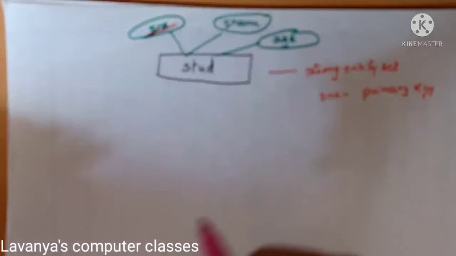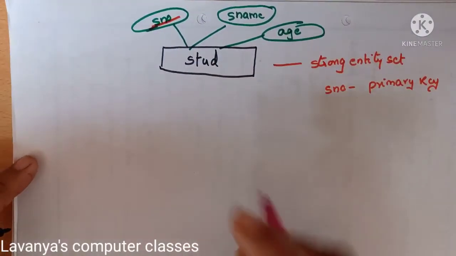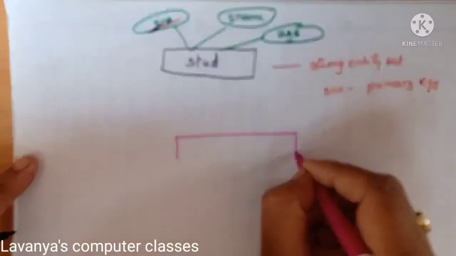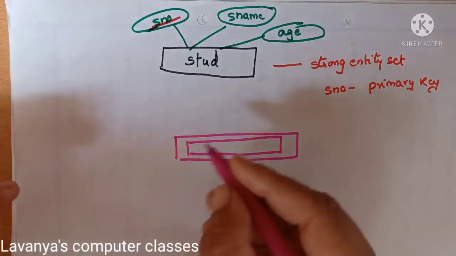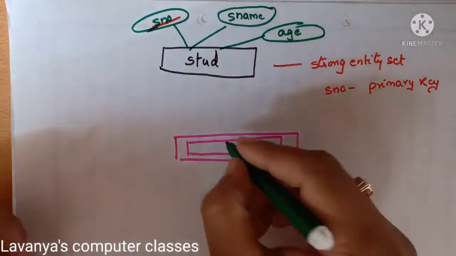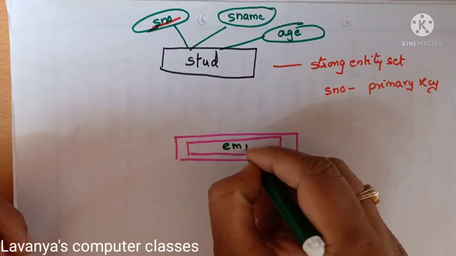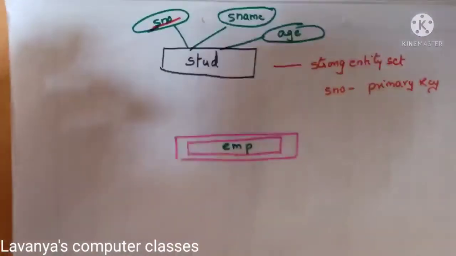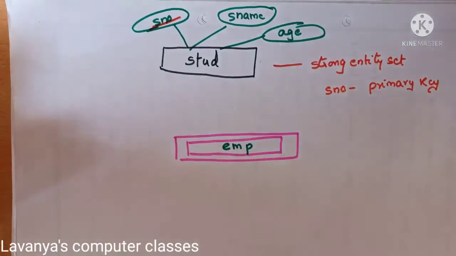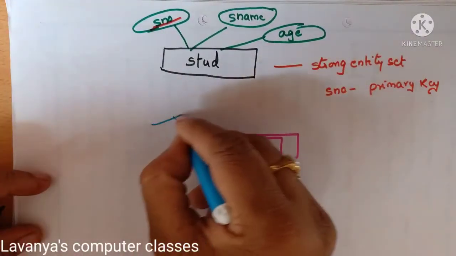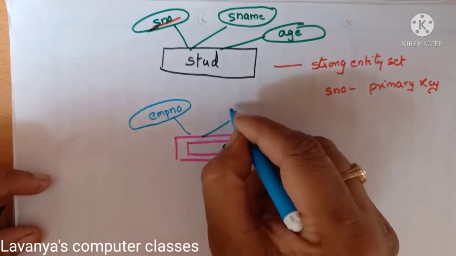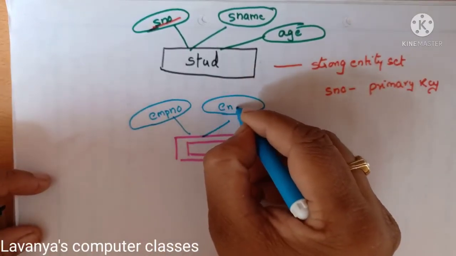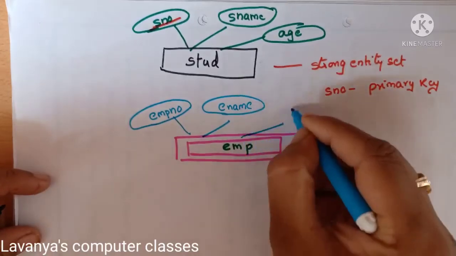Weak entity set means there is no primary key concept. Double rectangle. Inside the double rectangle we use the employee table. The employee table has employee number, employee name, and organization name.